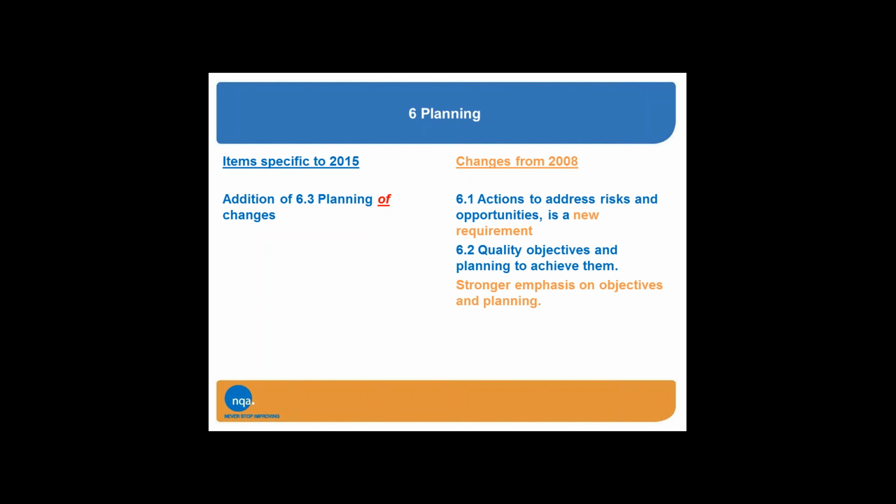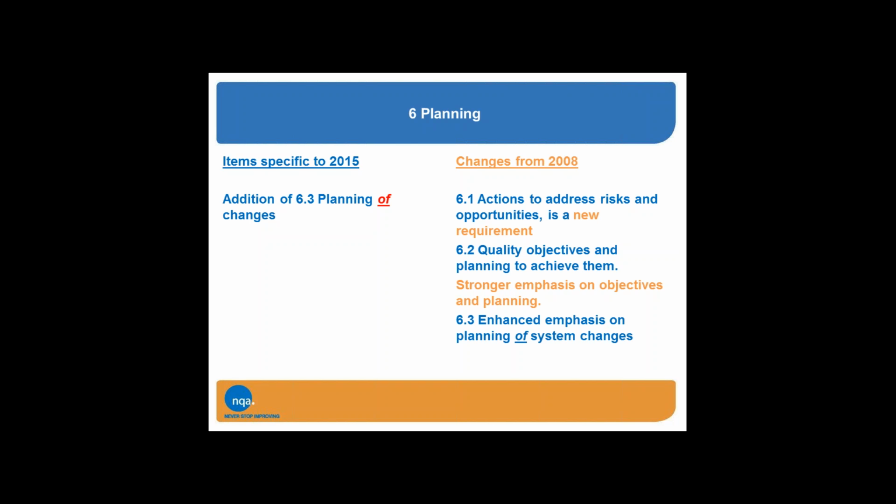However, I think it's fair to say there is greater emphasis on objectives in the 2015 standard, and certainly an enhanced emphasis on the need to plan carefully how you are going to achieve those objectives. So that's an important change from 2008.